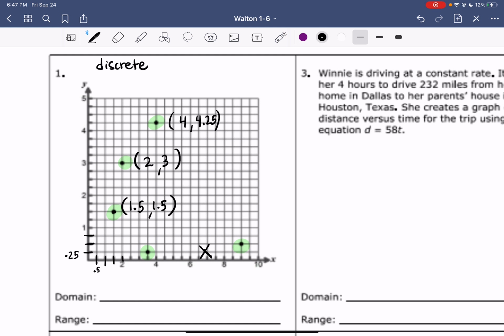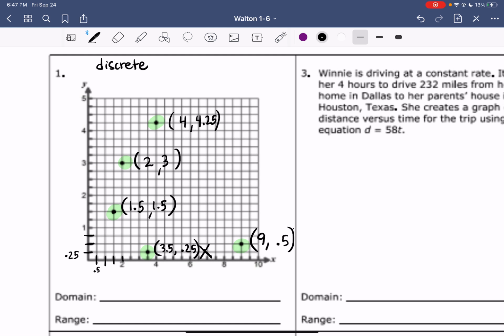Then the last 2 points coming down here, we have all the way over to 3.5 for my x, and 0.25 for my y. And the last point here, we have all the way over at 9 for my x and 0.5 for my y.